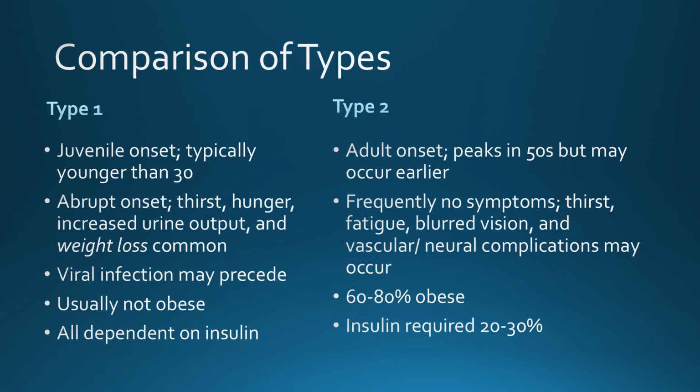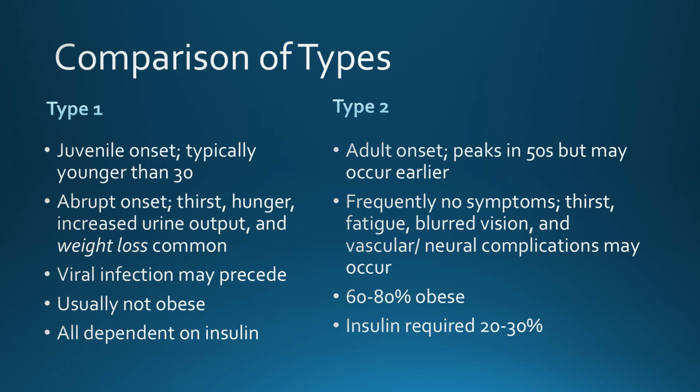Frequently early on in the disease process, we will not see any symptoms, but as that insulin production begins to cease, as the cells become even more resistant to the insulin, we will start seeing some vague symptoms. So it could be thirst, fatigue, blurred vision, but sometimes we don't even know that the patient has diabetes until they start demonstrating some of the complications or signs and symptoms of complications that can occur from diabetes. So things that have to do with the vascular system, neurological complications, so on and so forth.